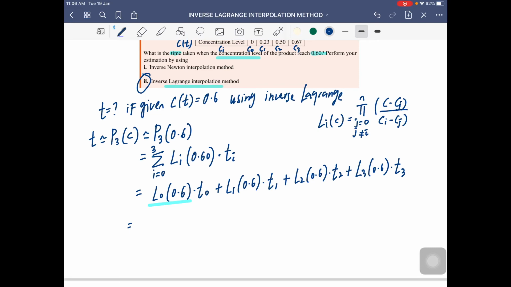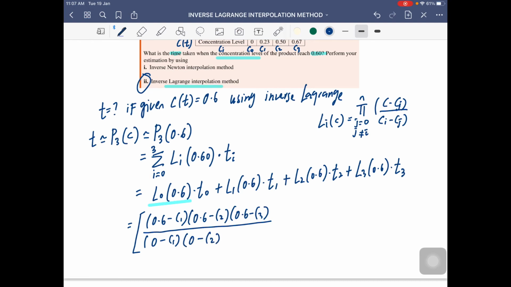So what I have here is L0: 0.6 minus C1, okay, and then 0.6 minus C2, and then 0.6 minus C3, and then divide with here my C0, so 0 minus C1 times 0 minus C2, and then 0 minus C3.